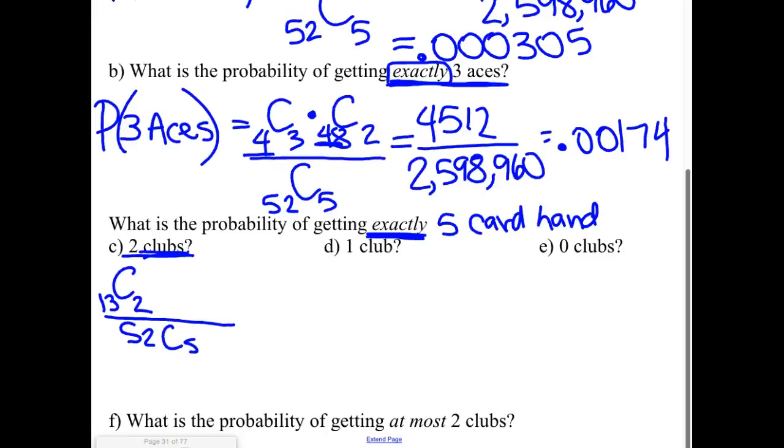And remember it says exactly, so now I need to take the deck of 52 and take out those 13. When I take 52 minus 13, the rest of the deck has 39 cards that are not clubs. Because I still need to have 3 cards, because we are trying to total up to 5 cards together.